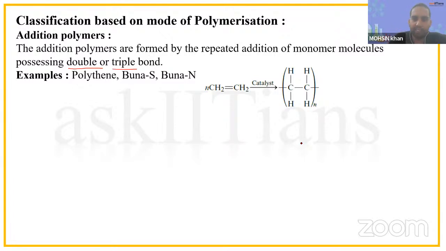For example, you can see we have an ethene molecule which consists of a double bond, and when we polymerize it, we get polyethylene. The double bond breaks and we get n number of units combined together. So for addition polymer, we should have a double or triple bond in the monomeric unit.